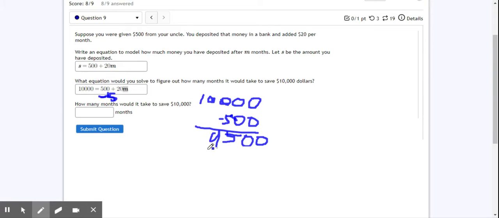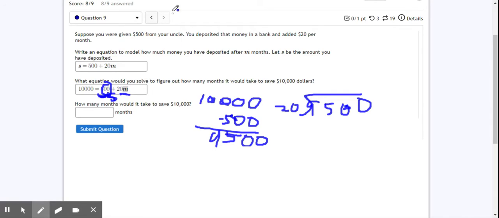Then the next step in algebra is you would divide by the 20. So you'd have 9,500 divided by 20. And honestly, that's calculator work, so go ahead and use a calculator. But what you're going to do is subtract the number by itself and divide by the number next to the letter.